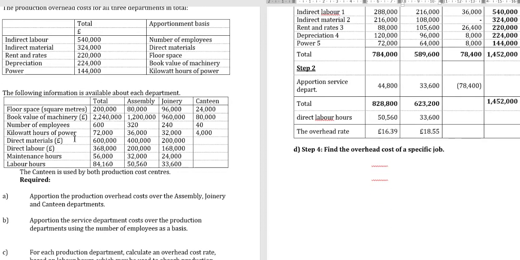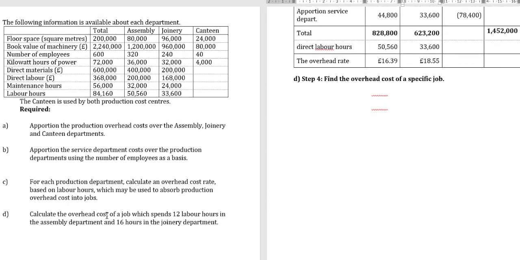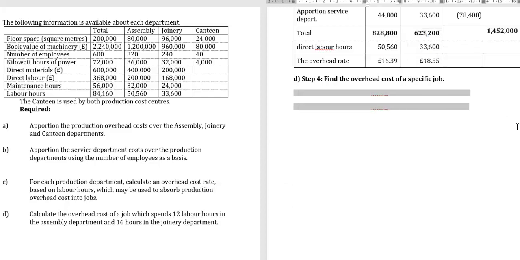The last requirement is to calculate the overhead cost of a job, which spent 12 labor hours in the assembly department and 16 hours in the joinery department. This is very easy to calculate. Why? Because I have the number of hours, which is 12 labor hours in the assembly department and 16 hours in the joinery department. So just times the £16.39 and the £18.55.